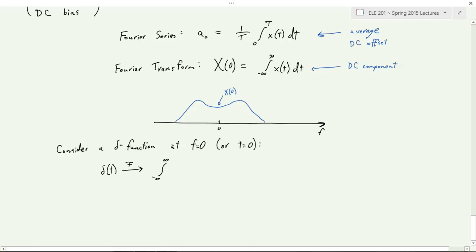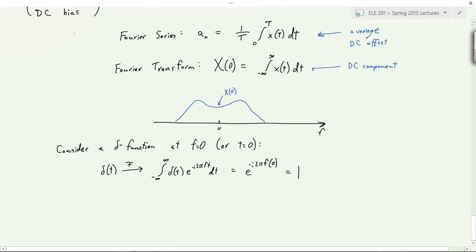Let me do it this way. Let's just directly plug in the Fourier transform, and we use sifting to say, well, I should just plug into this function the value t equals 0. e to the negative i 2 pi f 0 equals 1. So that may seem a little bit odd.